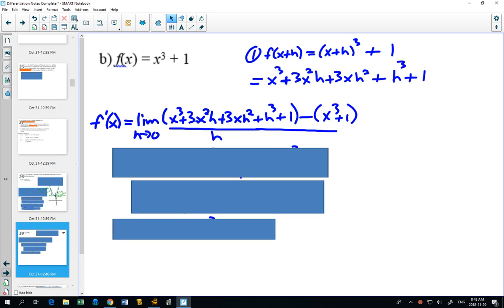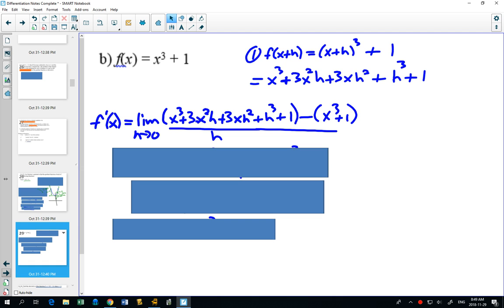So you put f of x plus h in, which we expanded up above, minus f of x, all divided by h. And again, you're going to need to simplify this to see if you can cancel out an h. One thing you're going to start to notice in these equations is whatever you started with to begin with, which is x cubed plus 1, you're subtracting that.